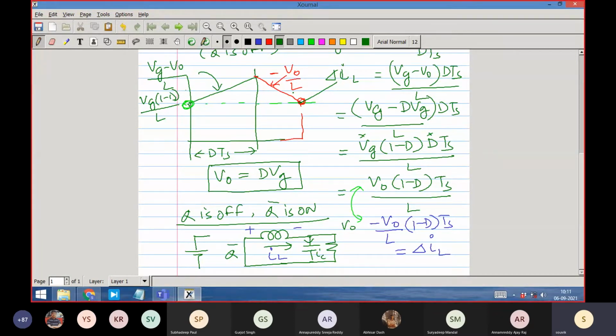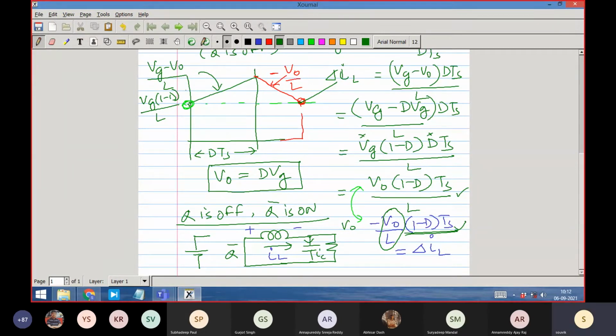The negative slope is V0 by L, and the duration is 1 minus d Ts. Since V0 is equal to dVg, if you had calculated delta IL from the on-state equivalent circuit, you would have got the same value. In one case it is positive and in the other negative, implying that the inductor current returns to the same initial condition with which this period had started building.